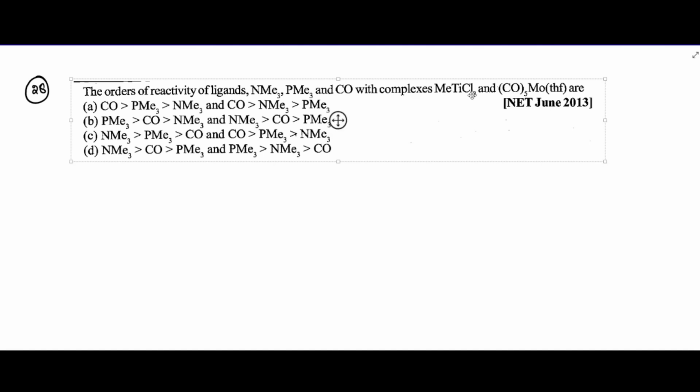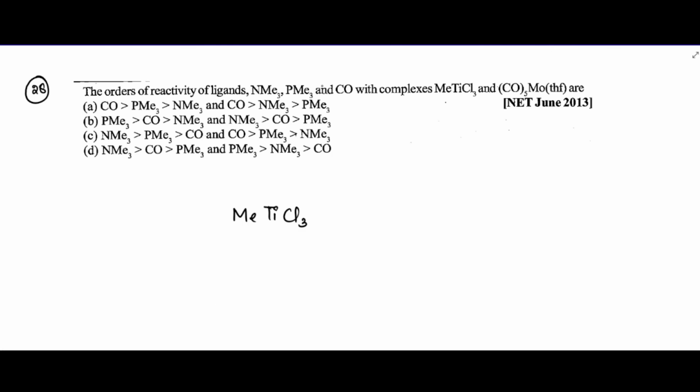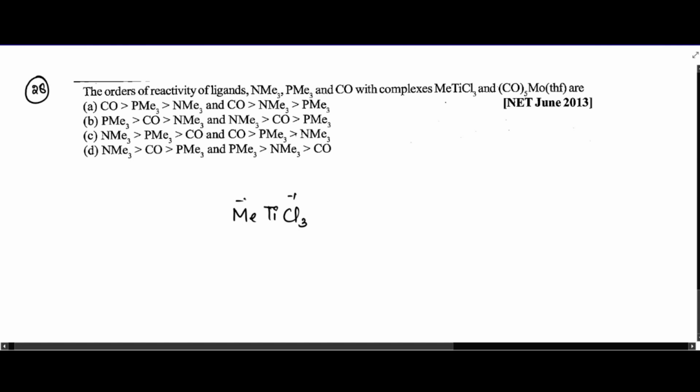If you ask what the basis of this is, let's consider this complex, MeTiCl3, where titanium is the central metal. You know that the chlorine charge is -1. Methyl is also -1. So what would be the charge of titanium?